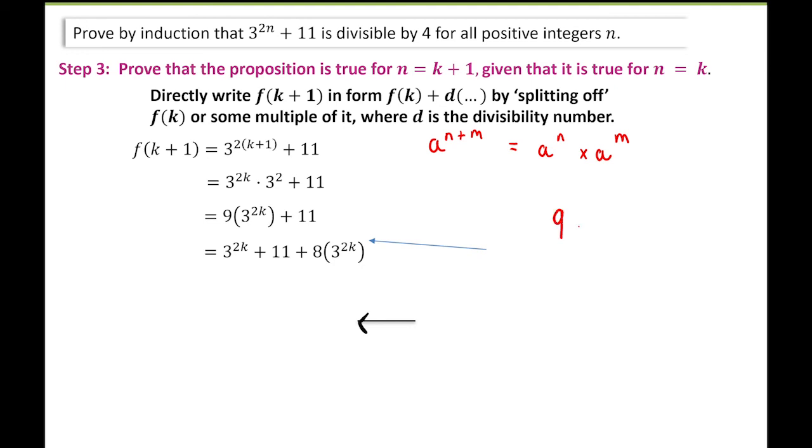So I have 9 3 to the power of 2k's. We split this into 1 3 to the power of 2k plus 8 3 to the power of 2k.